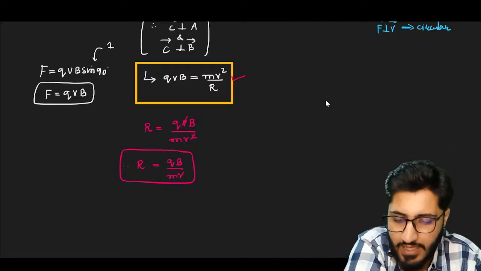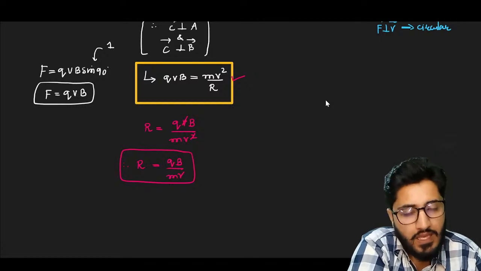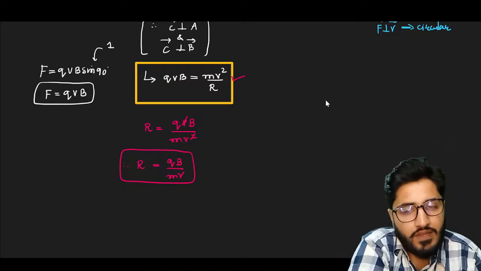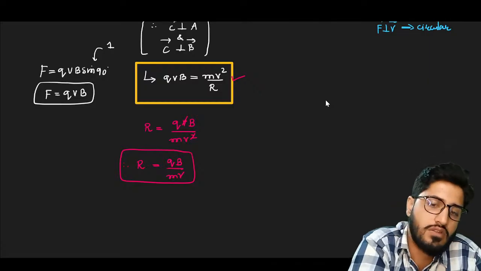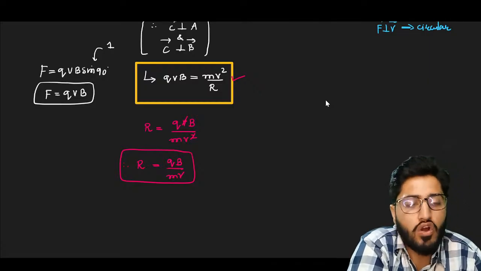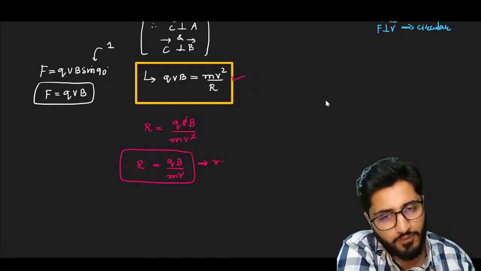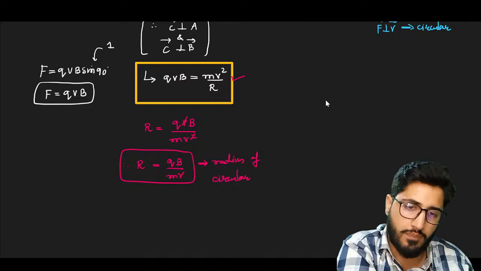If in a numerical it is given that, let us suppose we are having a proton, and we projected this proton in a magnetic field, let us suppose 2-4 Tesla, with velocity 10 meters per second. Find the radius of the circular motion. So we have to use this formula for the radius of circular path.